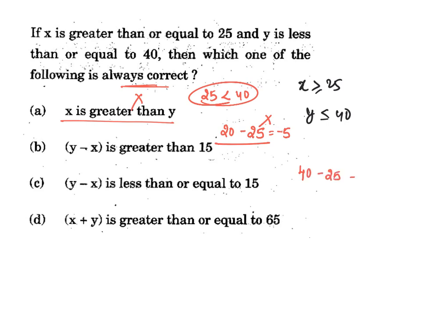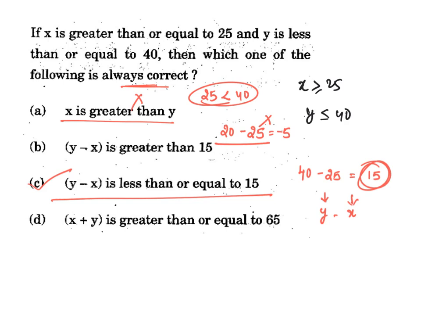So the greatest value of y minus x is 15. You cannot have more than this. So y minus x is less than or equal to 15 seems to be correct because it cannot have more than 15. That is the maximum value of y minus x we can have. Maximum value of y minus x means maximum value for y, minimum value of x. So that's what I have taken there.